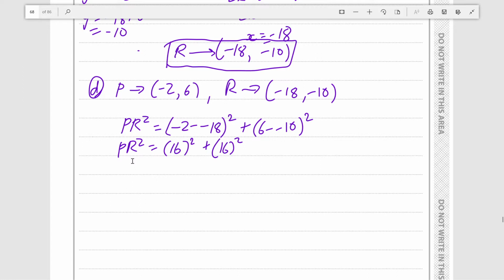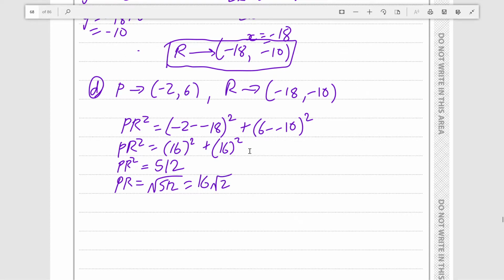And since PR squared is equal to 512, because it's 256 plus 256, we can take the root of that. PR is root 512, which would be 16 root 2.